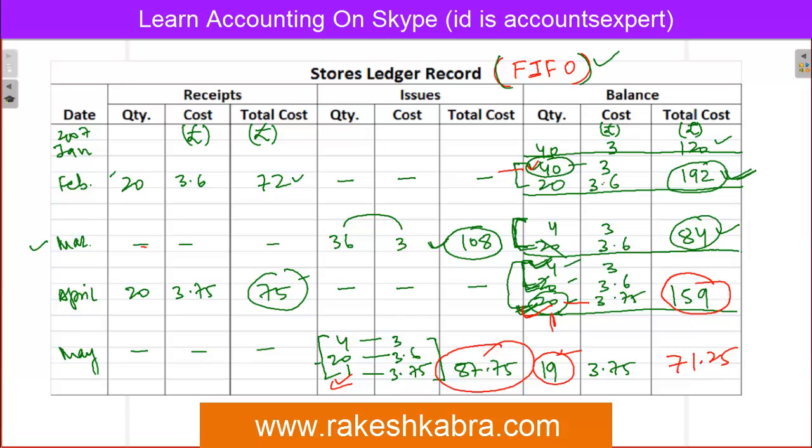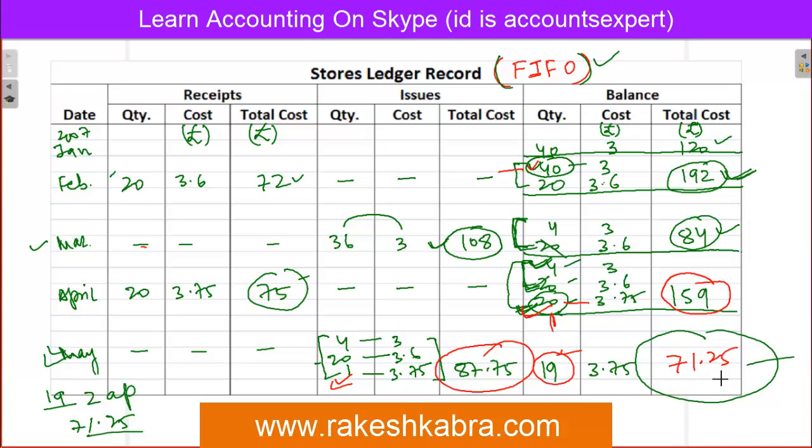This is the answer. If anybody asks me the status of stock at the end of the month of May, I will say that I have only 19 units of that product in the store, and the value is 71.25.